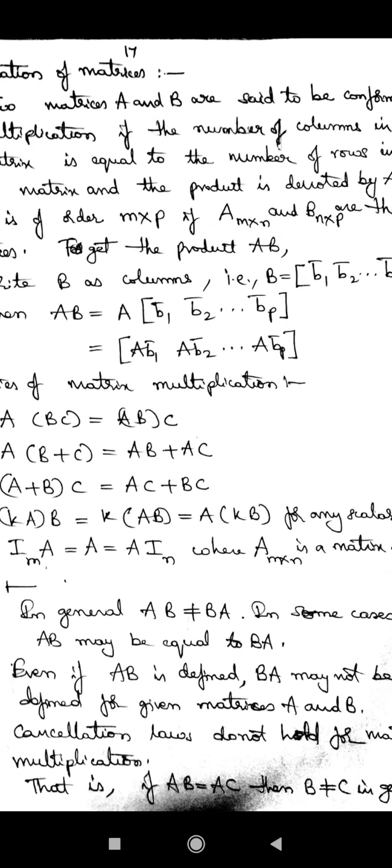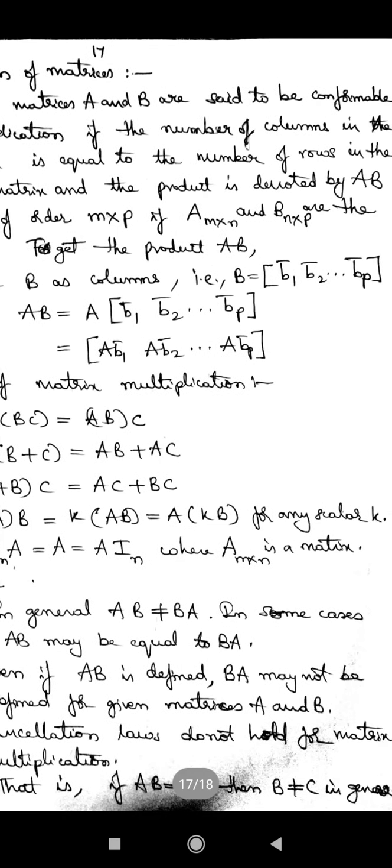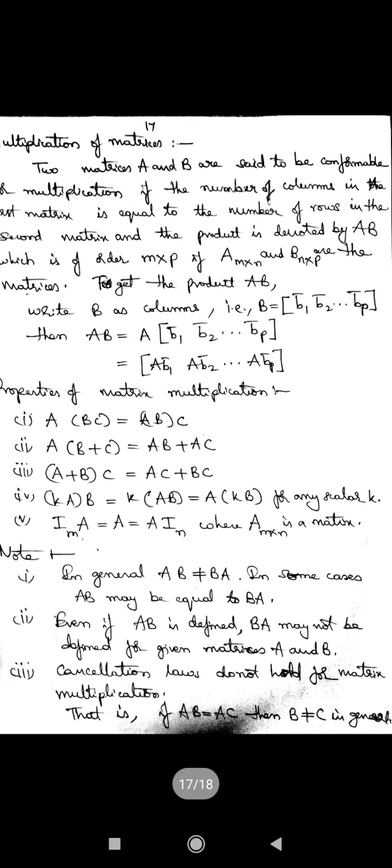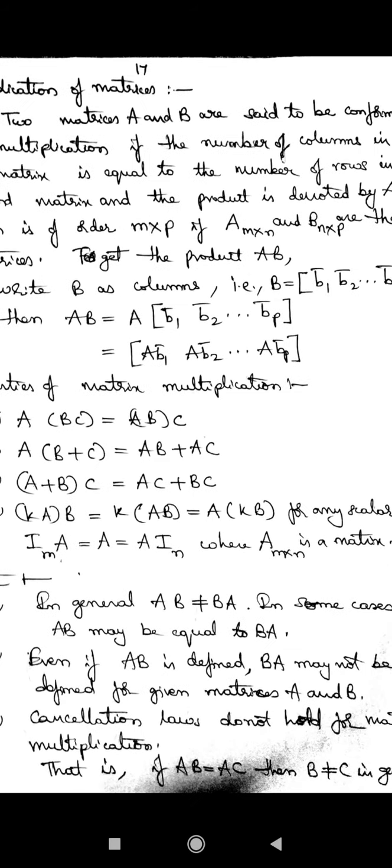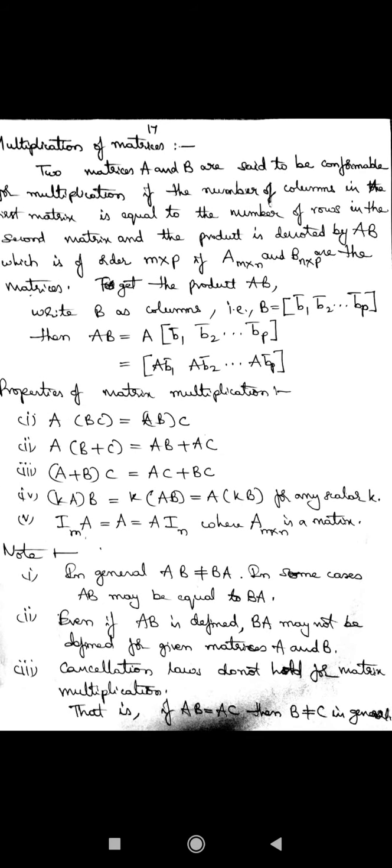That is how AB may not be equal to BA. In some special cases, AB may be equal to BA, but in general it is not universally true. So in general we consider that AB is different from BA.